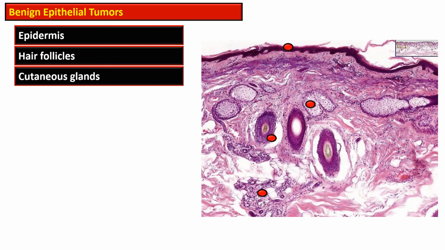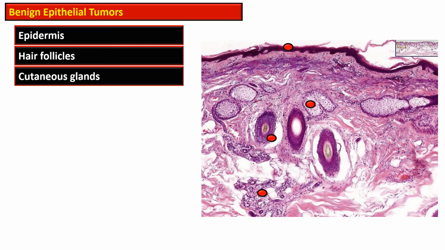The benign epithelial tumors arise from the keratinizing stratified squamous epithelium of the epidermis, hair follicle, and cutaneous glands.